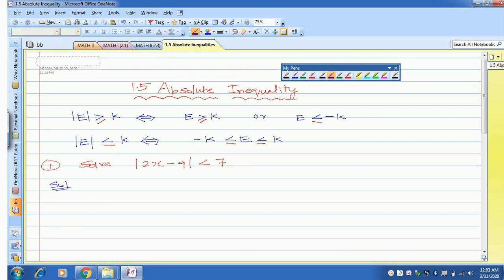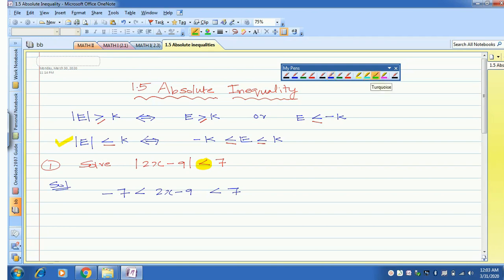Since it is given here less than, I have to use the second formula. What is the second formula? Minus 7 less than 2x minus 9 less than 7.